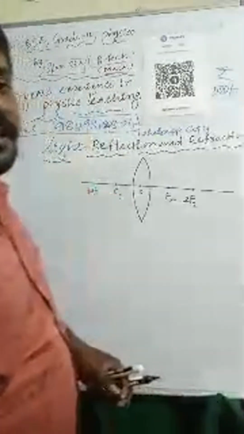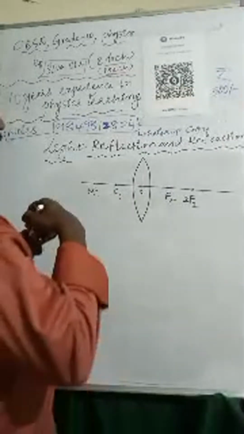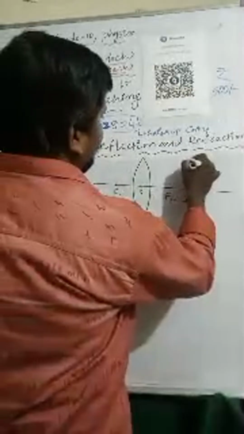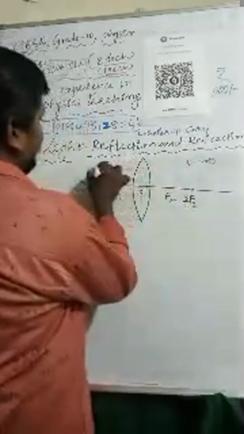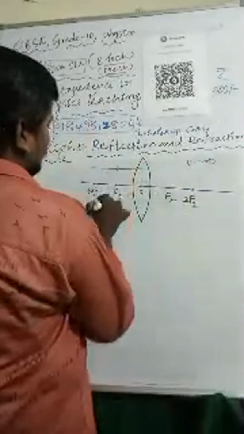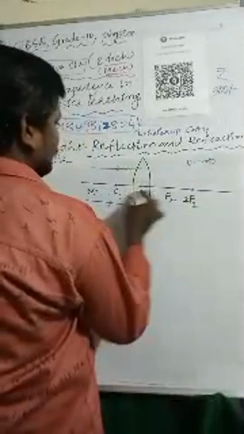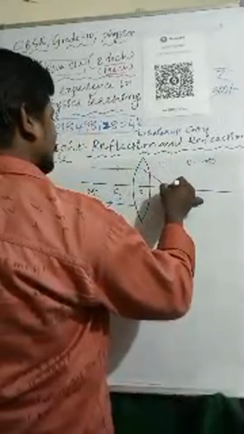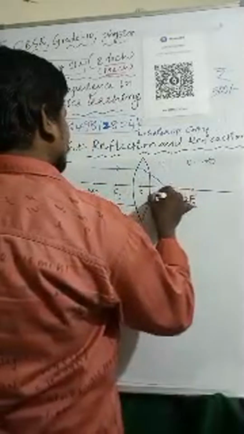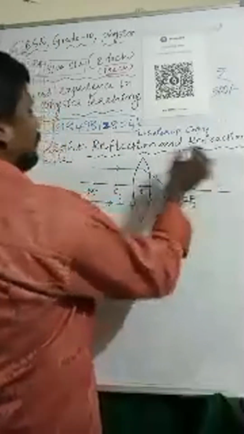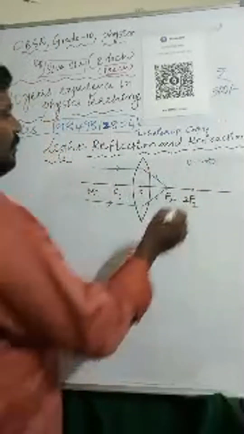The object is placed at infinity. One light ray I am taking like this, it passes like this. Object is at infinity, the image will form at F2.